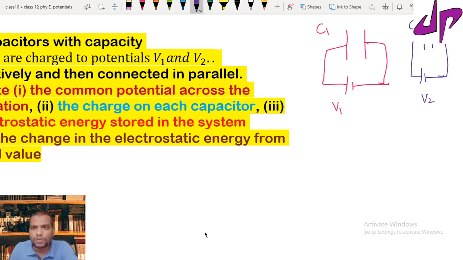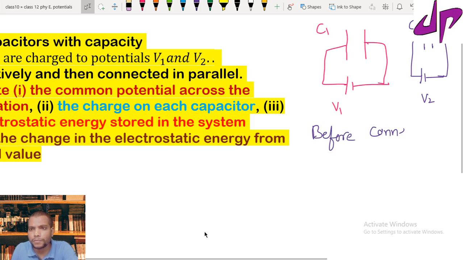Now, I can write the total potential energy before connecting in parallel.